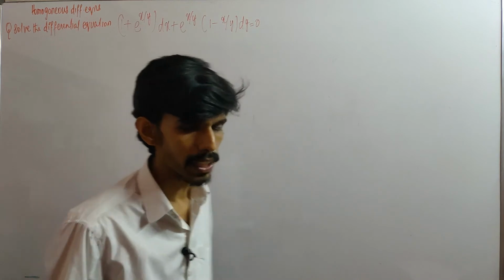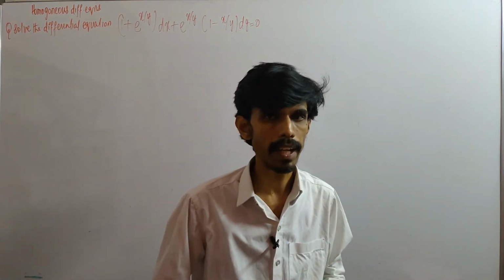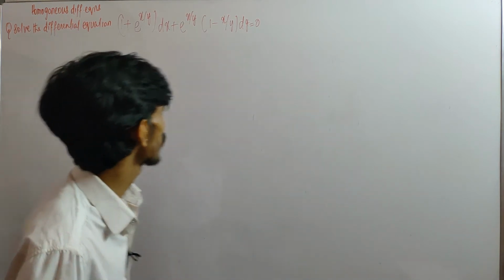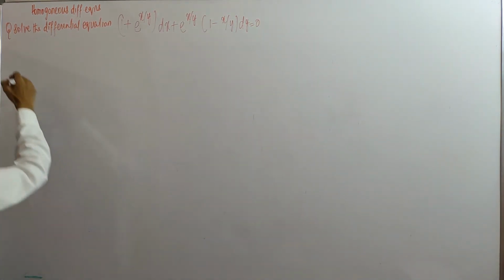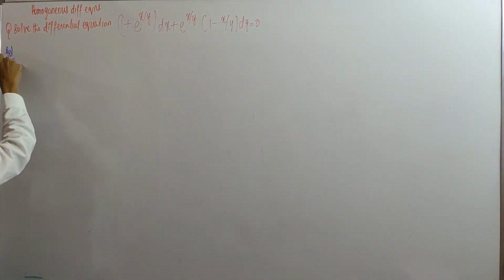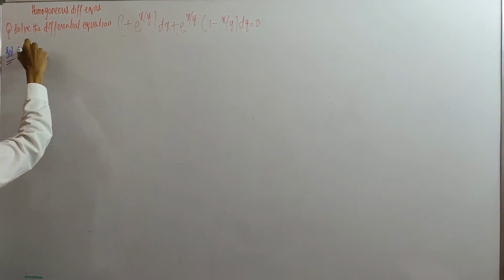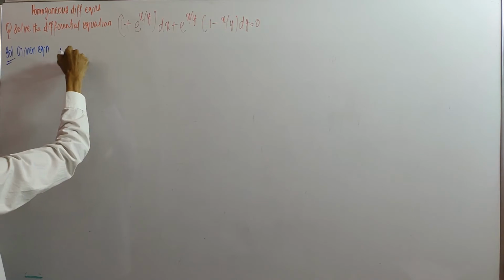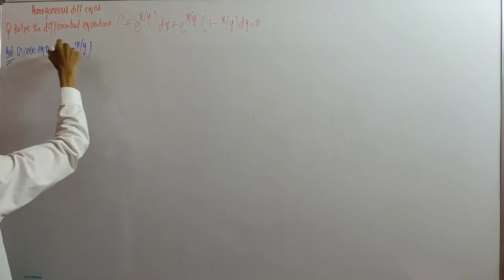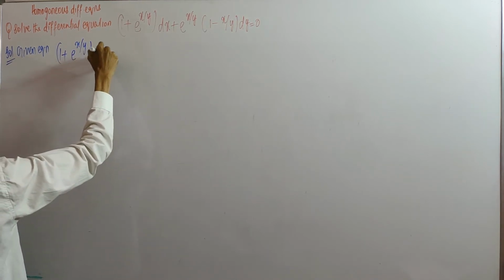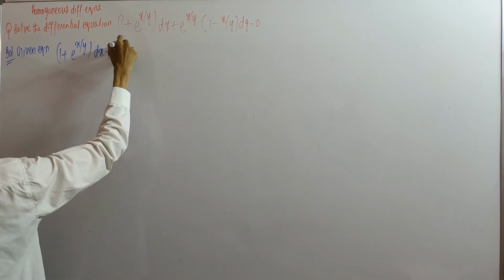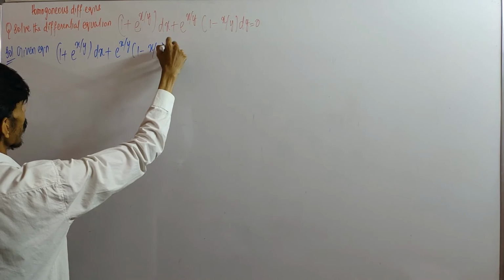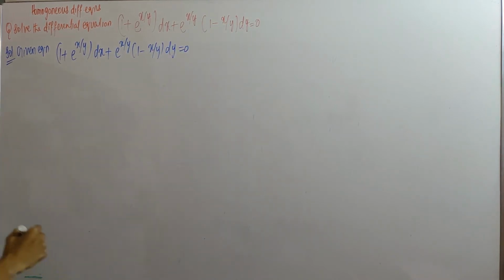Whenever we see the ratio of x by y or y by x, we usually solve by the homogeneous differential equation method. So let us see here. Given equation we have 1 plus e power of x by y into dx plus e power of x by y into 1 minus x by y dy equal to 0.